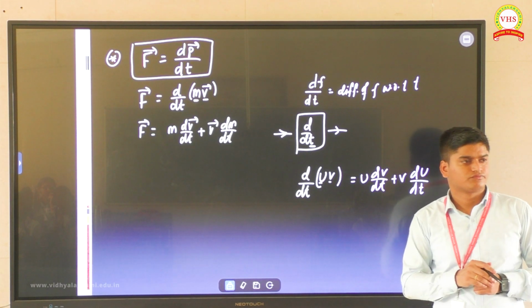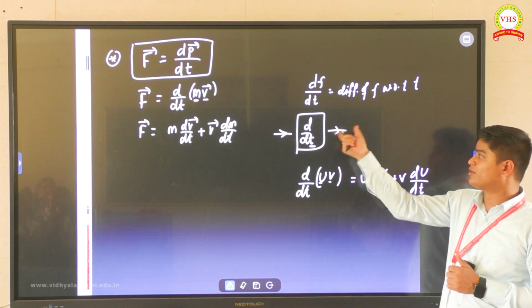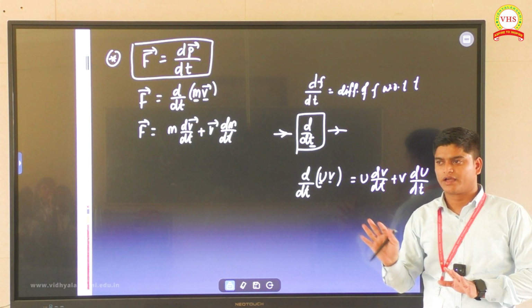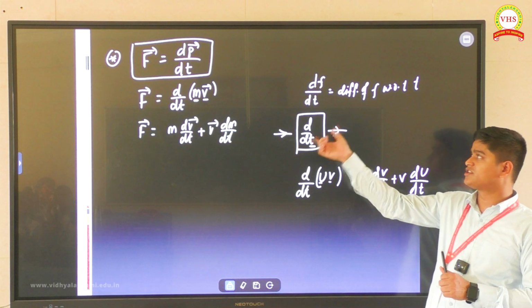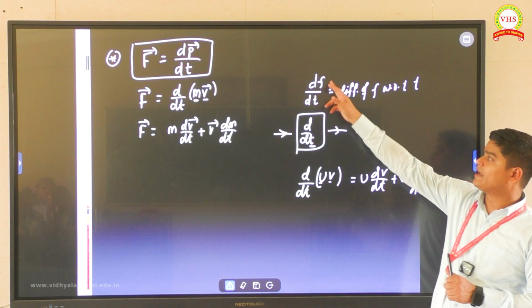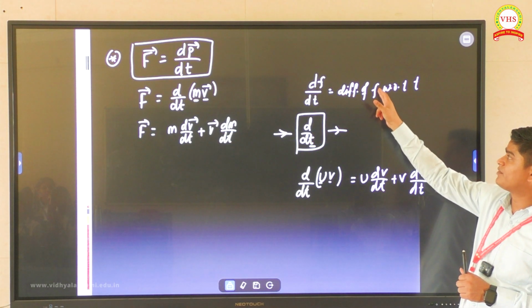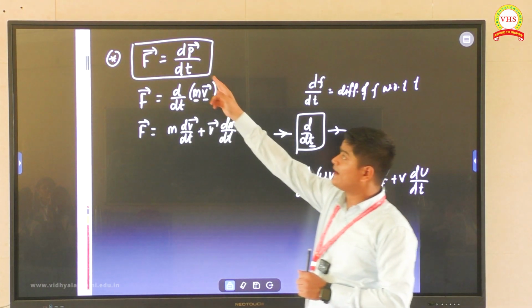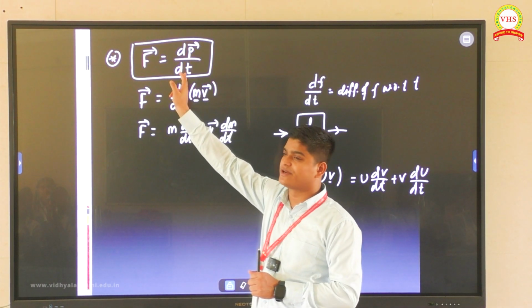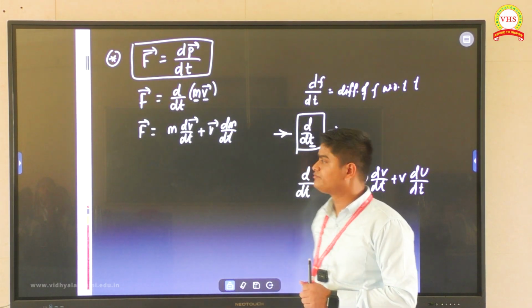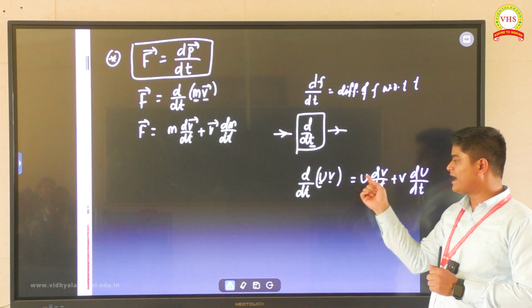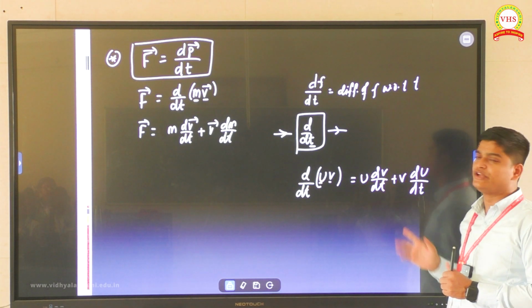This is a derivative formula. d by dt is a mathematical derivative operator. If df by dt is written, it is differentiation of f with respect to t. Here we have written dp by dt, meaning differentiation of p with respect to t. If u into v is there, we write u into dv by dt plus v into du by dt.